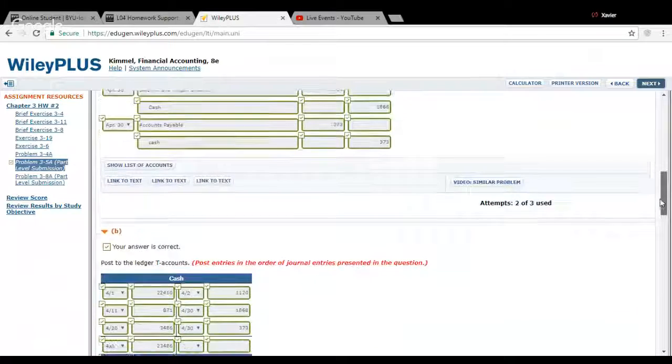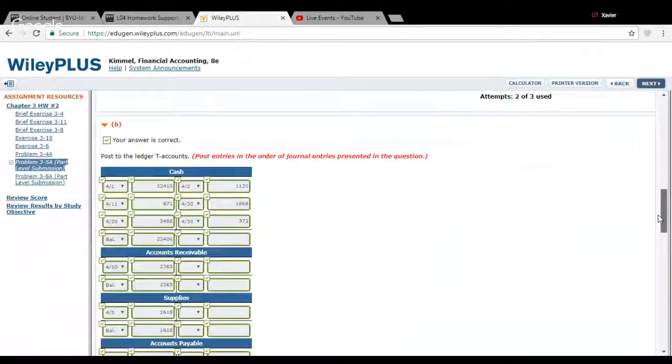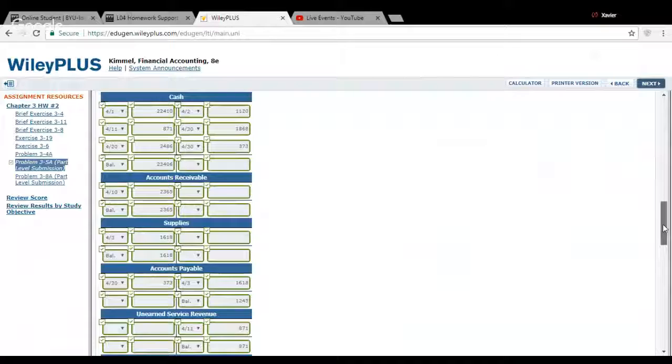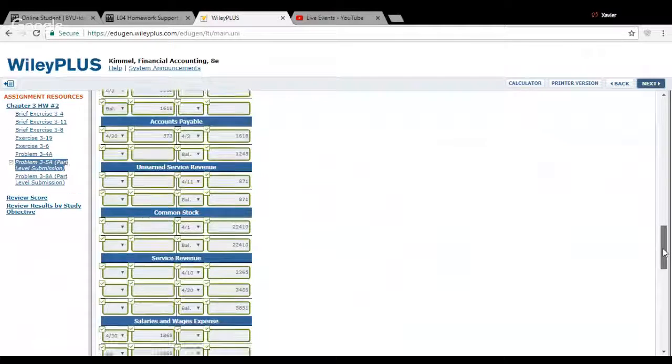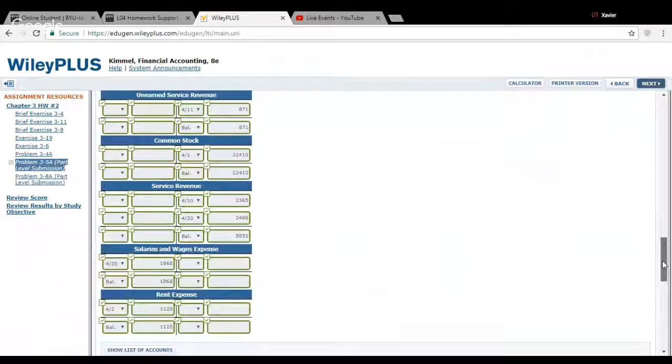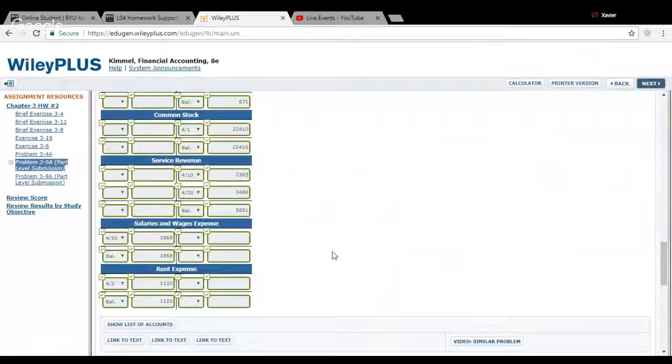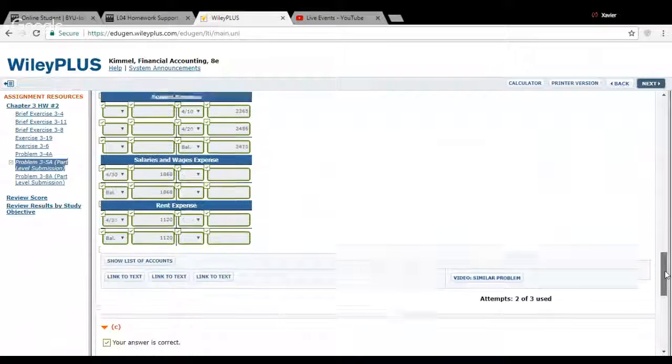So it's kind of back and forth, going up and down, and I don't have a big enough screen to share everything. But in the end, it's just putting in the same thing that you have up there, just in the T ledgers.